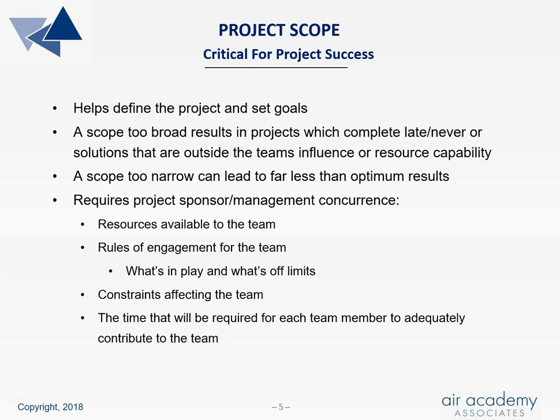It is important that the project sponsor, manager, is involved in determining the project scope. It's during the project scoping that the team is made aware of resources available, what's in play and what is not, what areas should be considered. Are there any constraints affecting the team, such as budget, time to complete, person availability?